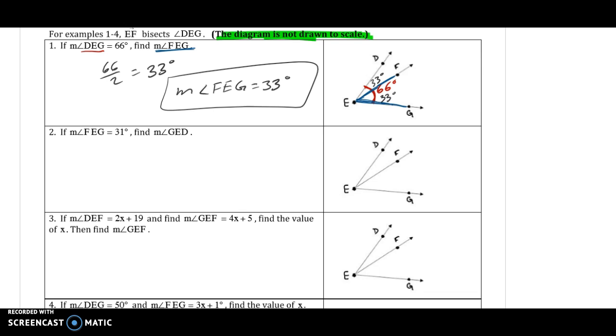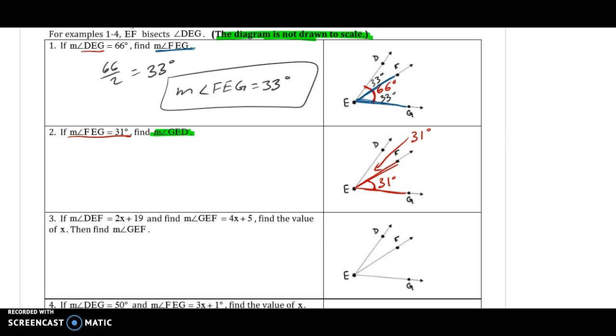Take a look at number 2 and see if you can come up with a guess of what you think the measure of angle GED will be. Let's see. Measure of angle FEG is 31. So from F to E to G, this small one here is 31. Which means this one here will also be 31.